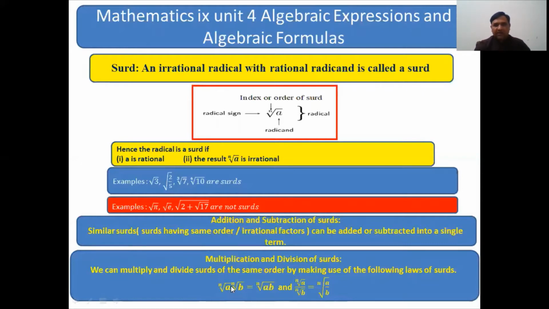So if a surd with radicand A of order n is multiplied with a surd with radicand B of order n, then the result will be the surd of order n with radicand A multiplied by B. Similarly, by using this law, we can divide two surds.